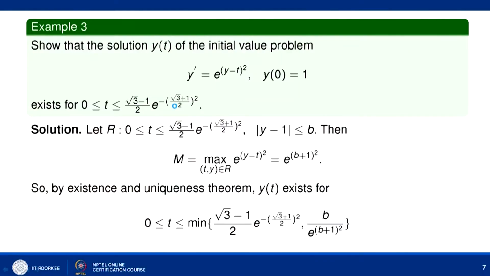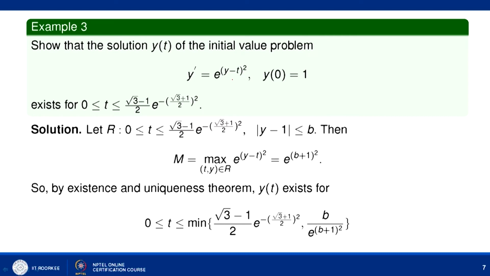Now moving on to the next example, which is similar to this. Here we want to show that the solution y of t of the initial value problem y dash equal to e to the power (y minus t) whole square, with the initial condition y of 0 equal to 1, exists in this interval. It is again a similar problem, and f of t, y is given as e to the power (y minus t) whole square.